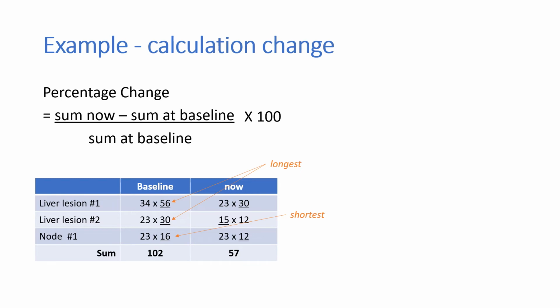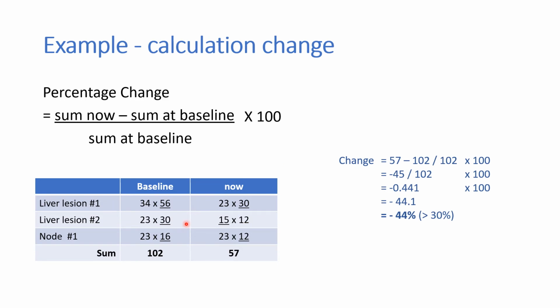So you use this formula. You get the baseline sum, and the sum of the diameters now, and it's the difference. So the sum now minus the sum at baseline, divided by the sum at baseline, times 100, and there's the calculations there.